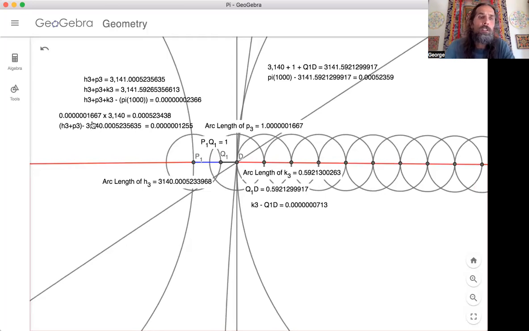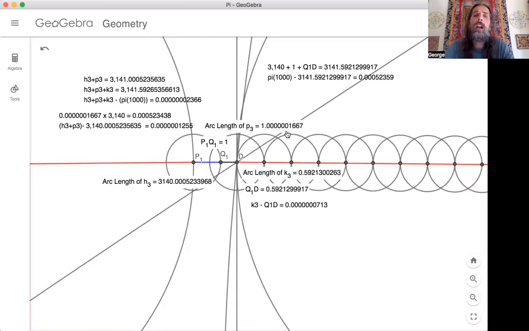And what's this last little equation that I did here? Oh, okay. So what I did here was I wanted to see the arc length, because it's saying arc length is just 0.0. So beyond the unit 1, it's 0.00000167.